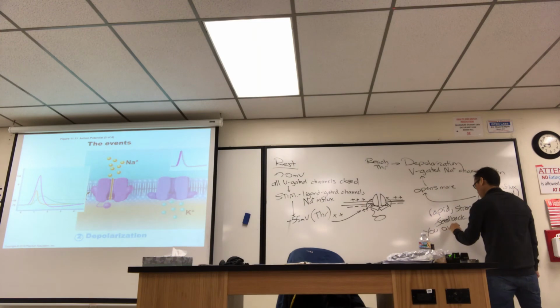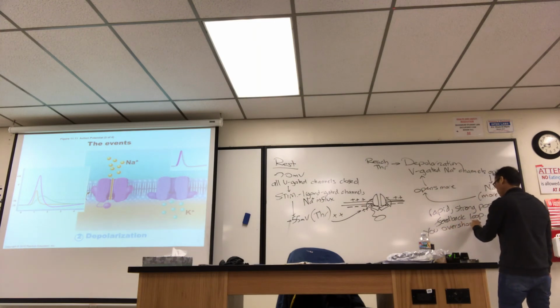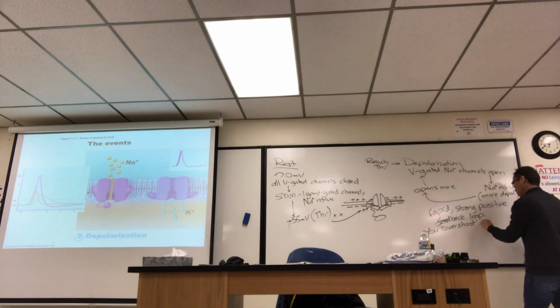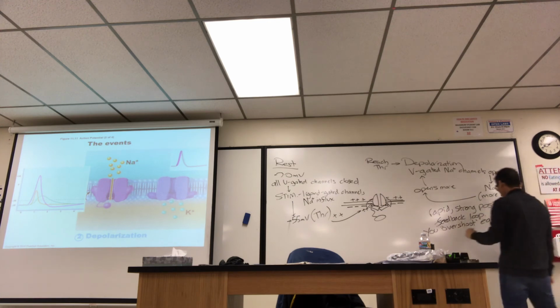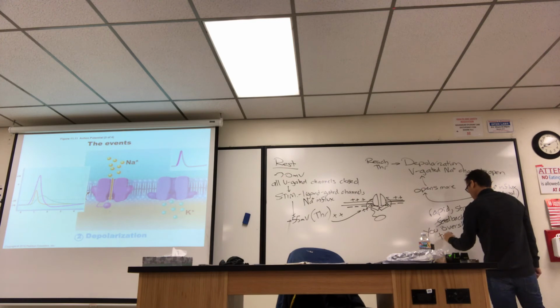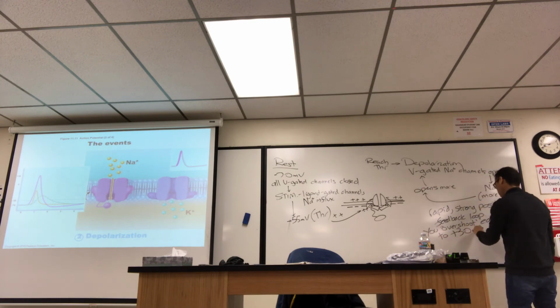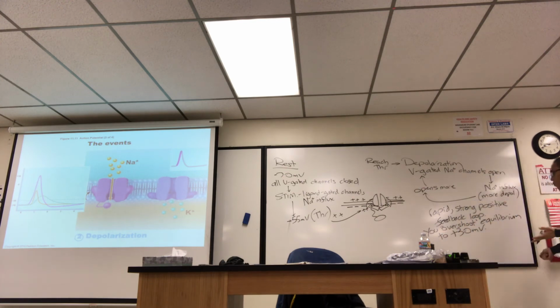You overshoot, that's the term that's used, to plus 30 millivolts. It should have stopped at 0. On the video we're going to watch after the break, they say it falls to 0. It doesn't just do that, it actually overshoots it. That's why it's a big spike. You overshoot it and you go to plus 30. So that's depolarization. I'm going to move on if there are no questions.